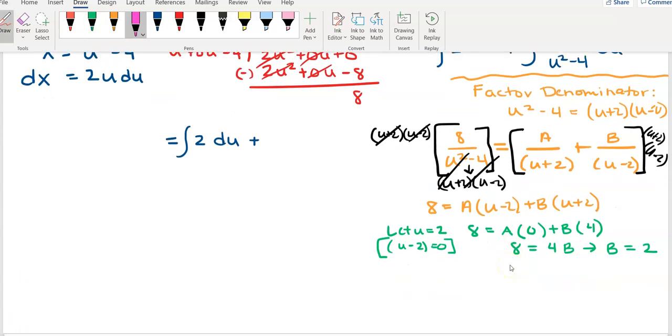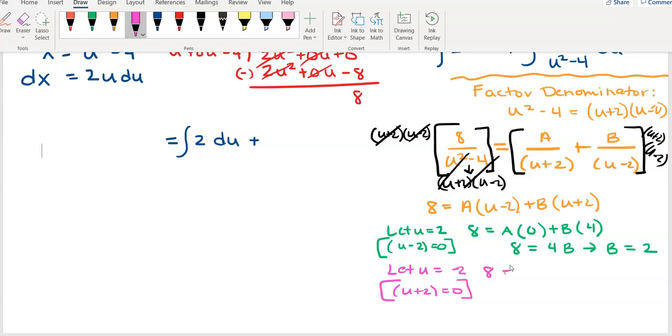Now looking at the other factor, u plus 2. In this one, we would want to let u equal negative 2, because u plus 2 would equal 0. So the value of u that we would want to plug in to get 0 would be -2.